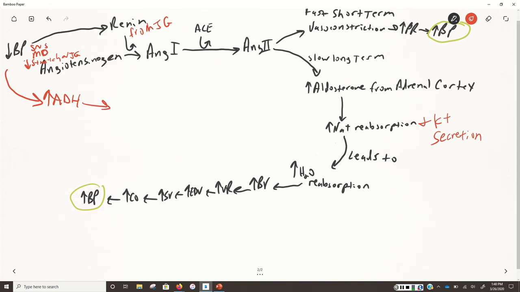ADH causes your kidney tubules in your DCT and your collecting duct to make these structures called aquaporins. Aquaporins are just little tubes that let water pass through. Specifically, ADH is going to make something called aquaporin type 2. We'll see what that means later on. But the aquaporins allow for water reabsorption.